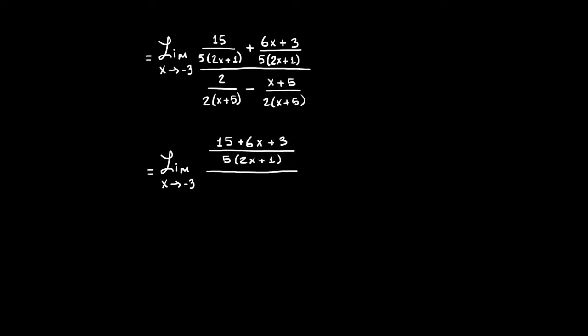This is all over 2 minus, and now be very careful with this negative sign, because it affects both of these terms. So I'm going to use an extra step just to make things clearer. This would be over 2 times x plus 5.